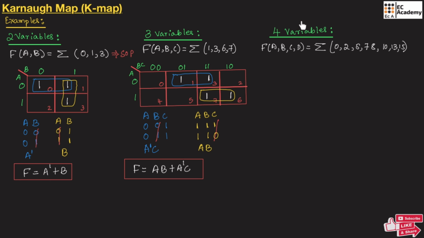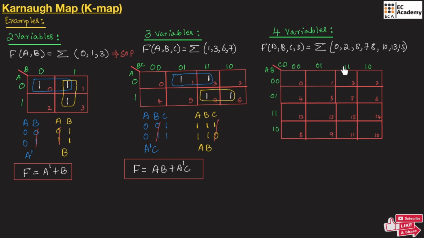Now let us consider an example for 4 variables. F of A, B, C, D, so these are the 4 inputs. Output will be 1 for 0, 2, 5, 7, 8, 10, 13, 15. This is the K-map for 4 variables. Corresponding to these values, we write 1 here. Whenever we make a group, we need to make the group as large as possible.